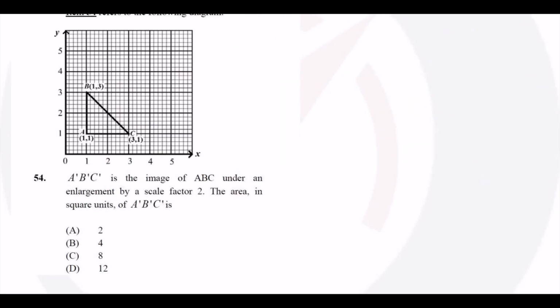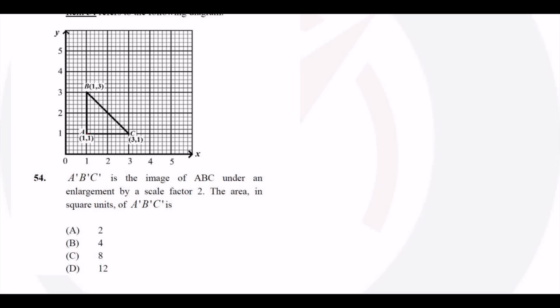Question 54. So we have A prime, B prime, C prime is the image of ABC under an enlargement by a scale factor 2. The area in square units of A prime, B prime, C prime is. So you could find the area of the triangle, so we go half base times height.